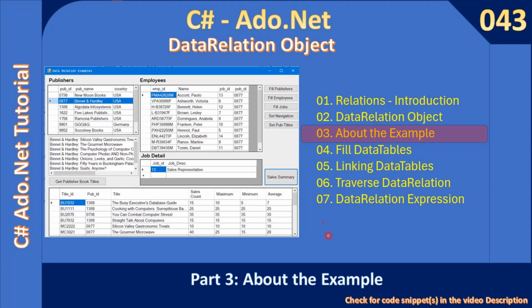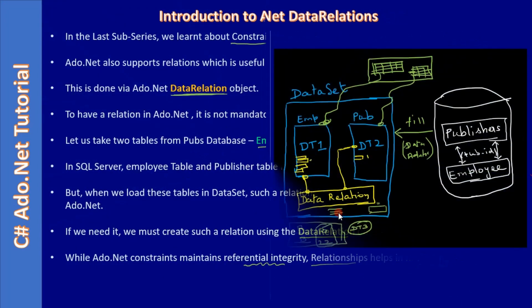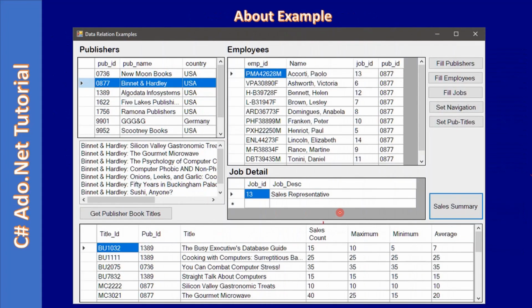In this video, we will talk about the example that we are going to create in the next 4 videos. So here is the example, and if you see, we have 4 data grid views. This is one data grid view. This is the second one.